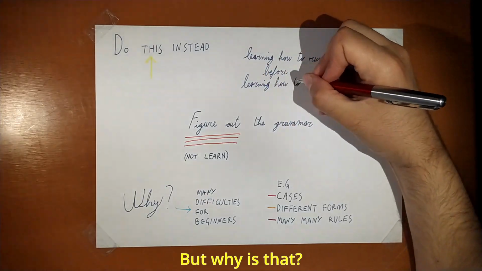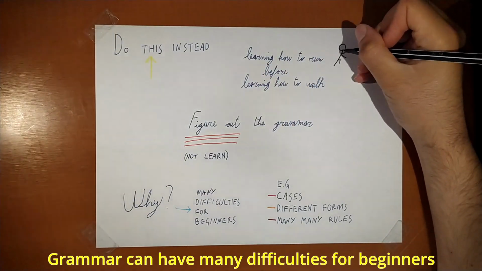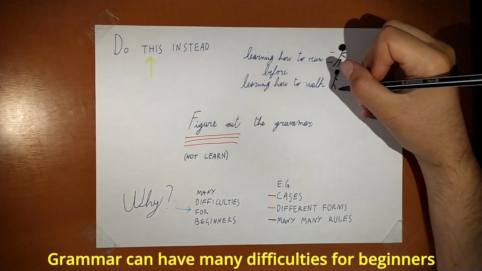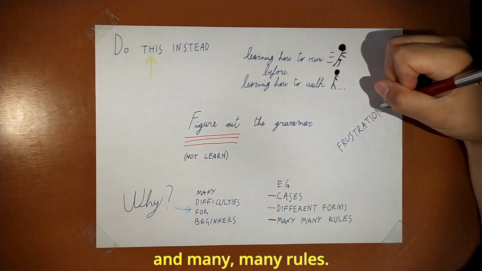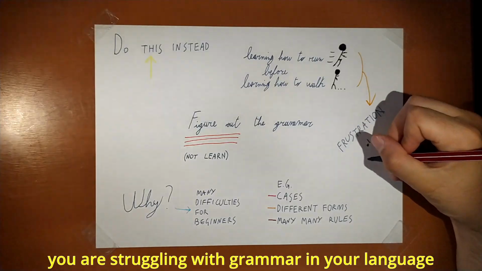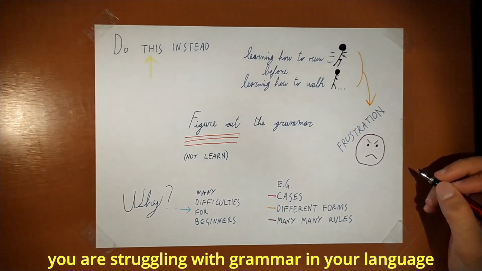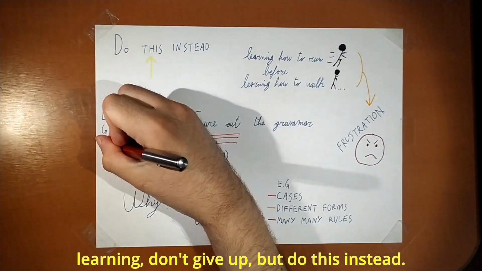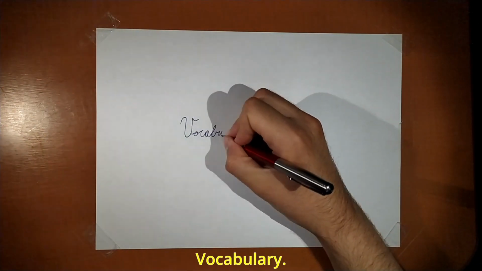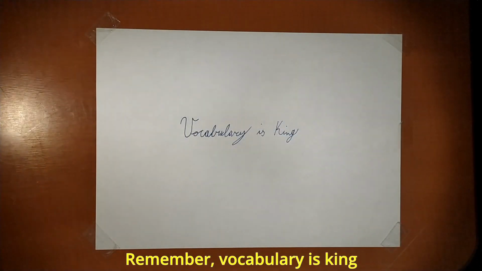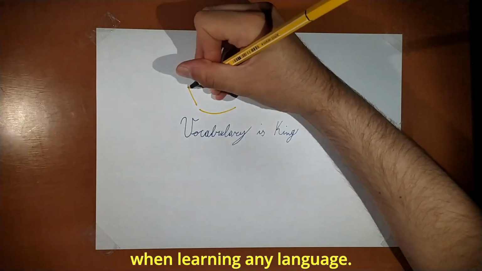But why is that? Grammar can have many difficulties for beginners, such as cases, different forms, and many rules. If you are struggling with grammar in your language learning, don't give up, but do this instead. Vocabulary. Remember, vocabulary is king when learning any language.